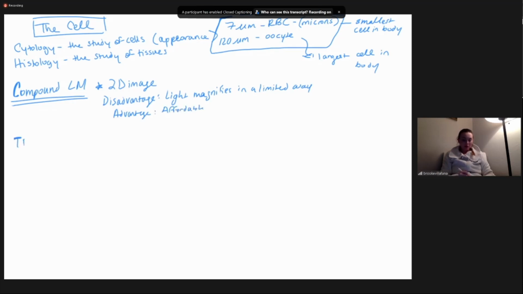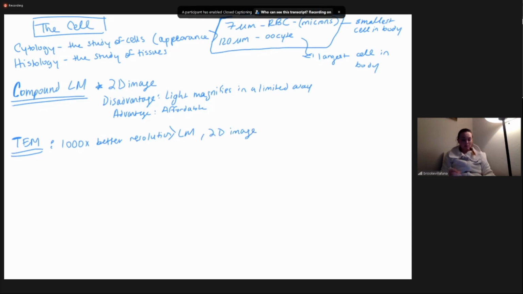So we're going to kind of make sure that we know the basics of each one. So TEM is an abbreviation for transmission electron microscope. You probably already have that in your notes. So this is 1,000 times better resolution than the light microscope. It does also create a 2D image.